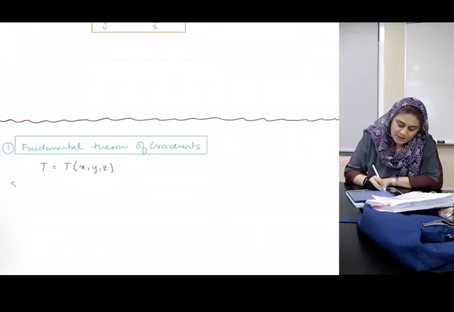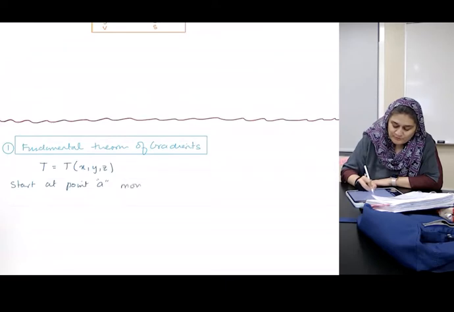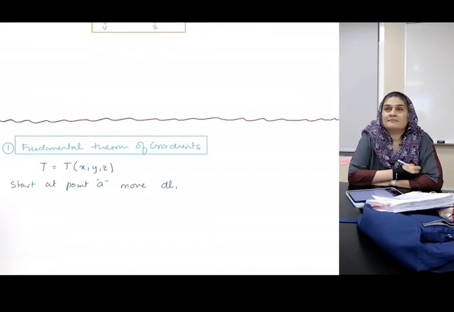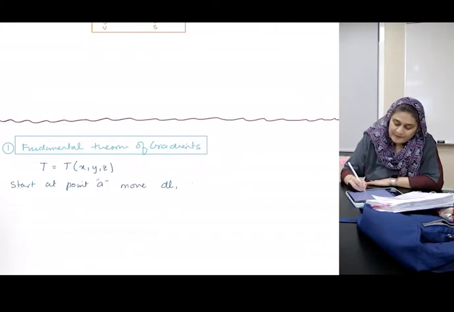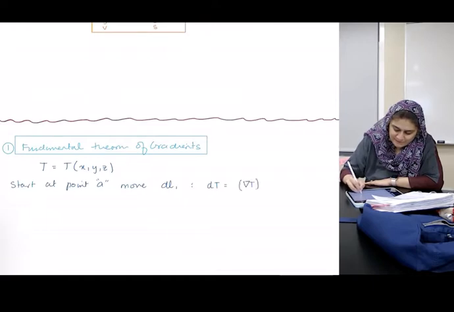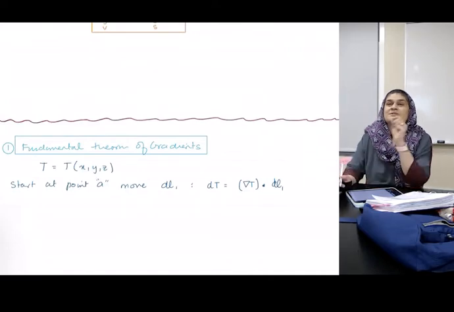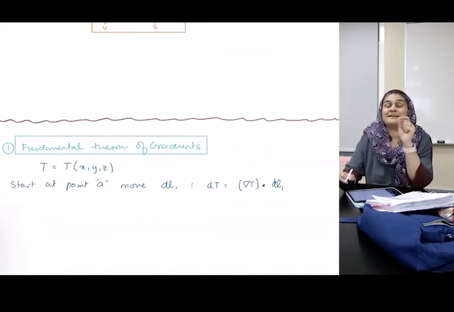And suppose we start at point A and we move dl1, a small distance dl from point A. Does that mean that my function T will change by this amount, where this is the dot product? Why dot product? Because it's going to require that we specify the angle between them.